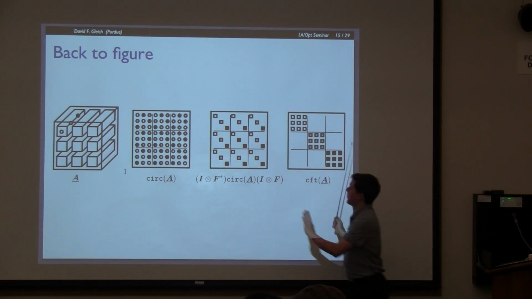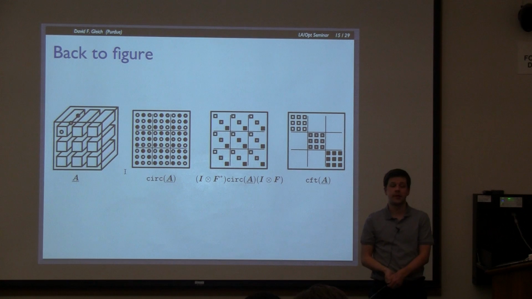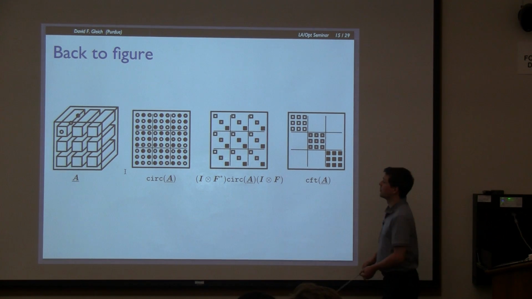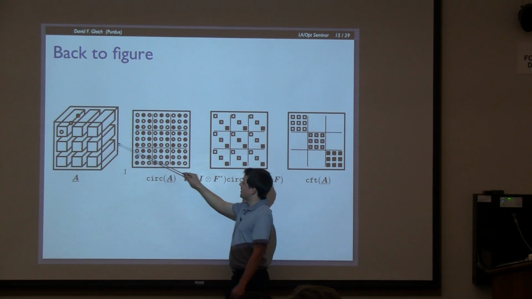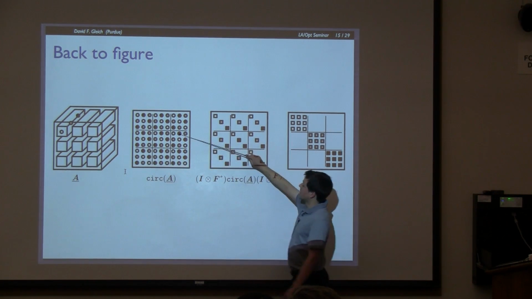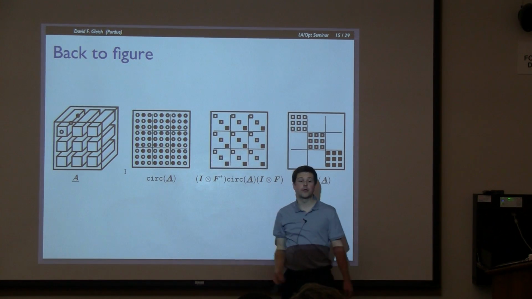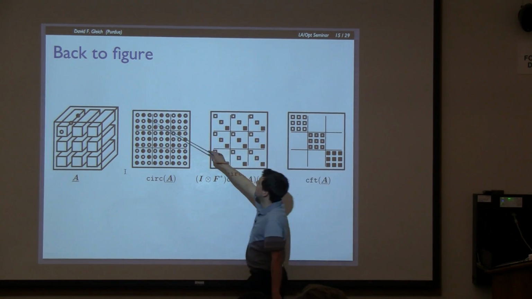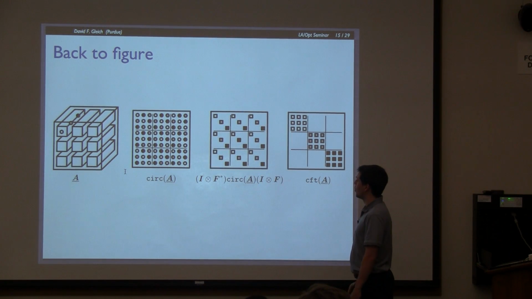So this figure explains what's going on here when you take this operation and apply it to a matrix instead of an individual entry. So before we had seen this one, you take your matrix and you look at it with a circ. So this is just every block of this matrix becomes a circulant. So here, these do repeat in the right order.